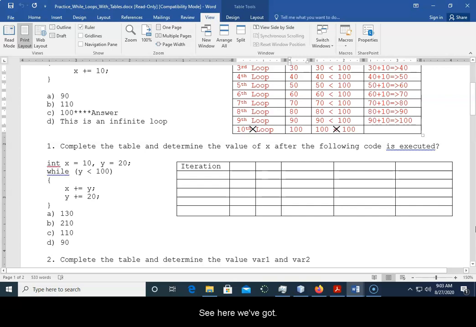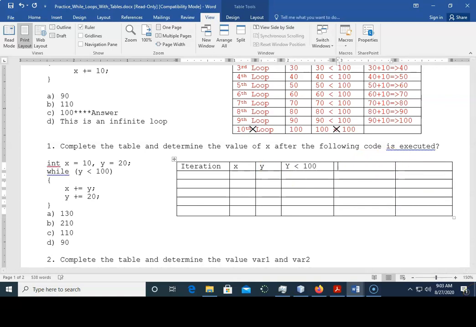Let's see here. We've got x, y. Y is less than 100. And then we got x plus equals y, and y plus equals 20. So I'm going to make these lowercase, x and y.